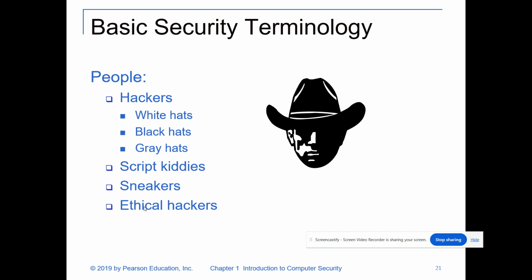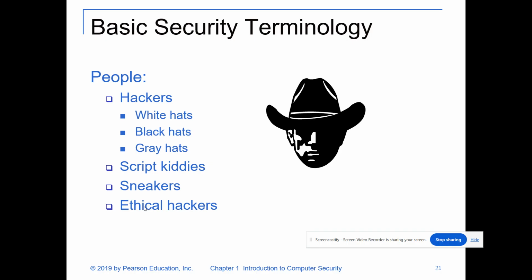When we look at basic security terminology, we start with people. And so hackers, anyone who studies a system through analyzing its flaws. We've got the white hats, who consider themselves the good guys. Black hats or crackers are definitely the bad guys. Gray hats, not necessarily a common term, refers to individuals who operate outside of the law on occasion.